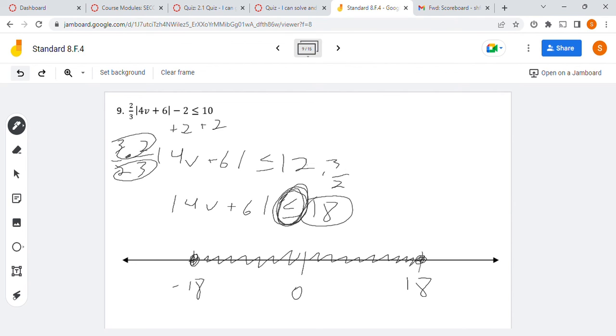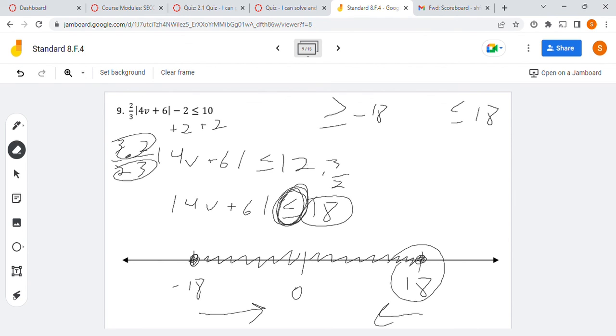Now we're going to set up our 2 scenarios here. Over on the left side, we need to go this direction, so we've got to be greater than or equal to negative 18. And on the right-hand side, we need to go that direction, so we need to be less than or equal to positive 18.